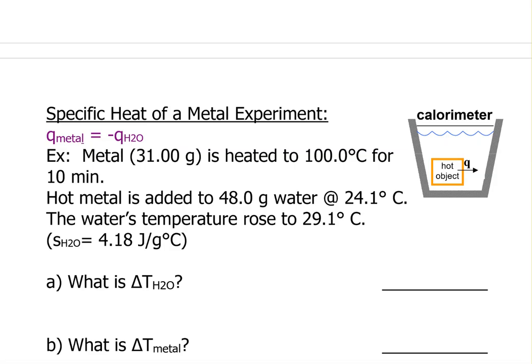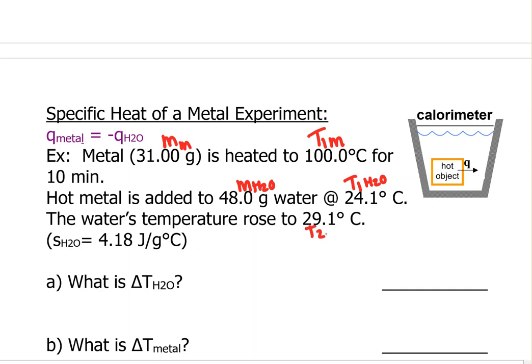So let's just go through and mark some. So this is the metal, mass of the metal. This is T1 for the metal. This is the mass of the water. This is T1 for the water.